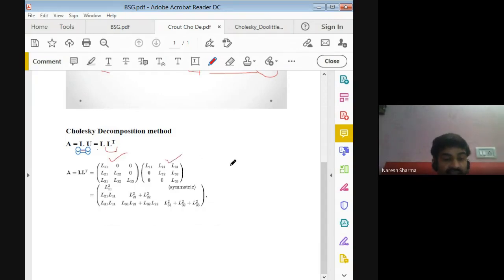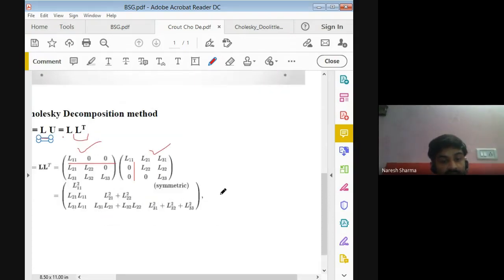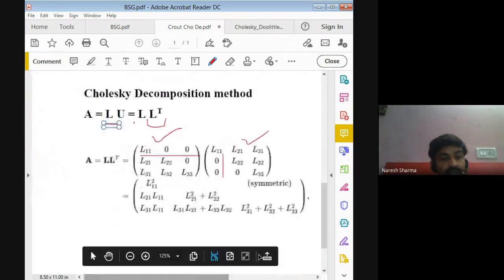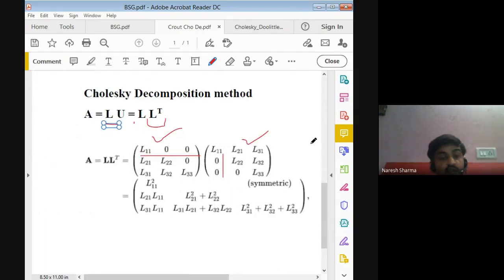You just multiply this first row with your first column, that is L11 square, and the first element with this, that is L11 into L21.